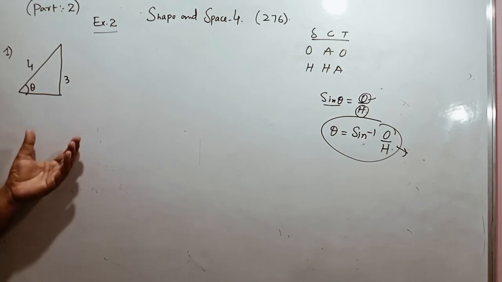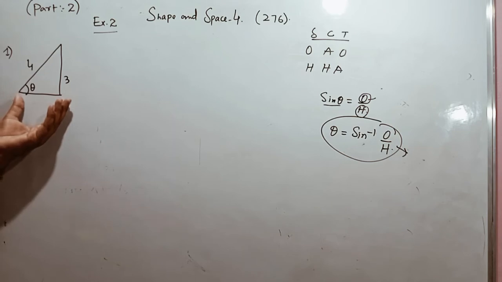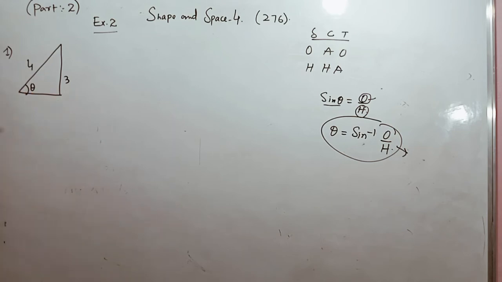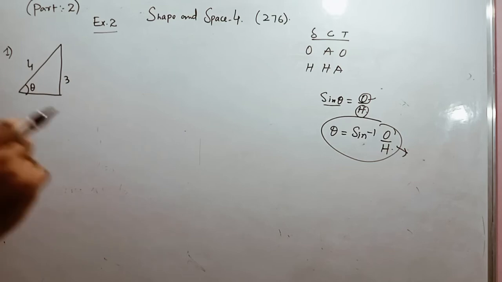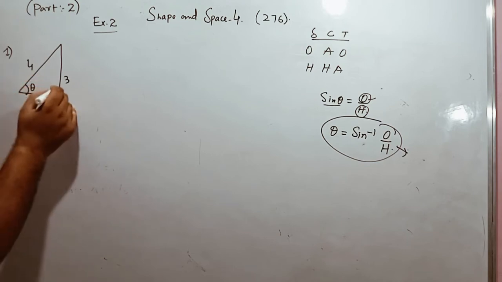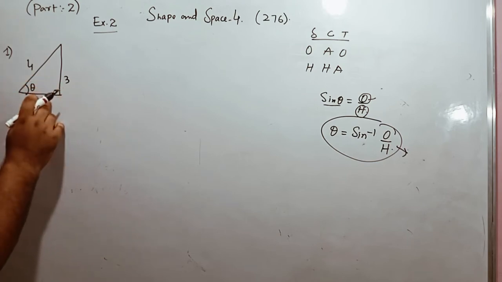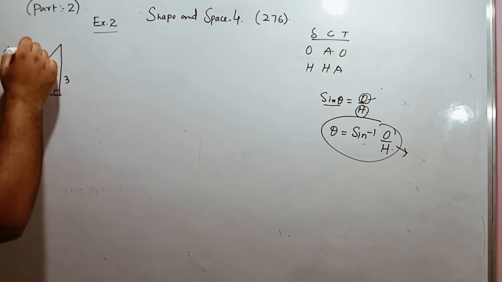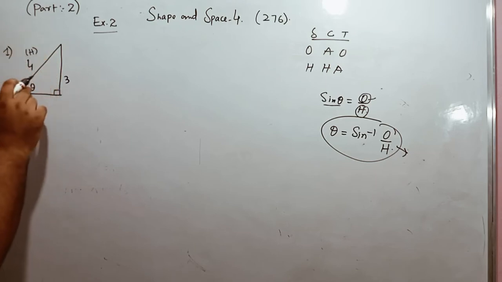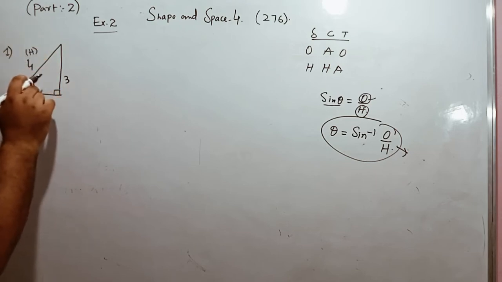So here we have to find the angle theta. First always identify the sides, which is adjacent, which is hypotenuse, which is opposite. This angle is 90 degrees and this is the longest side, so this is the hypotenuse, and this side is opposite to theta.